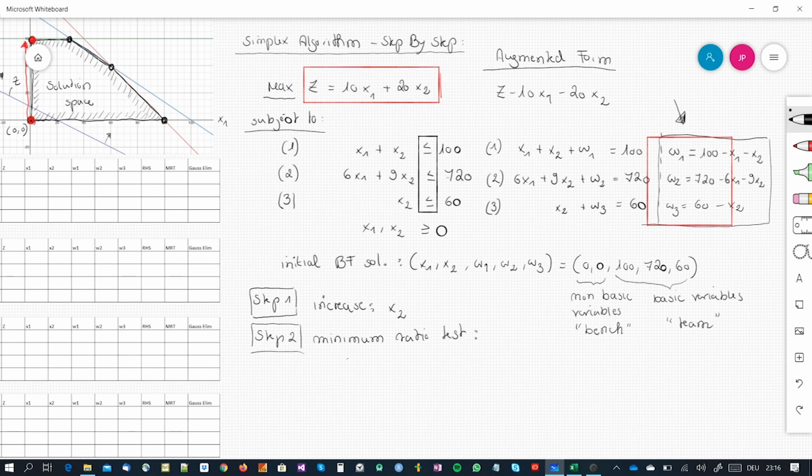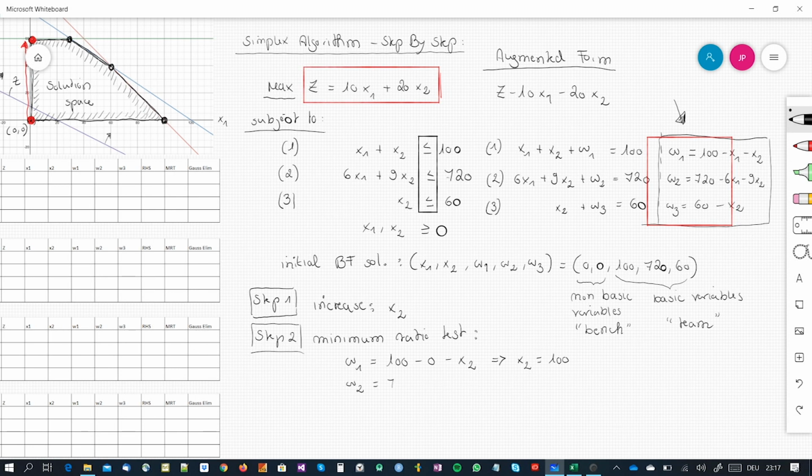So if we take W1, we have 100. Now x1 is 0, so I just write 100 minus 0 minus x2. So we can increase x2 until 100, and then W1 would be 0.